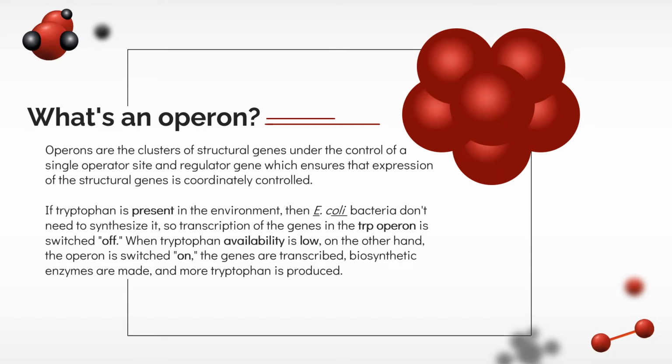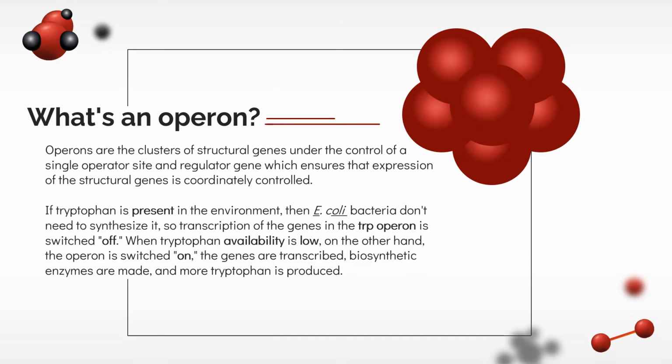As we all know, tryptophan is a very essential amino acid for any organism, be it bacteria or otherwise. Being an essential amino acid makes tryptophan an integral part of so many proteins that these organisms require to function properly.